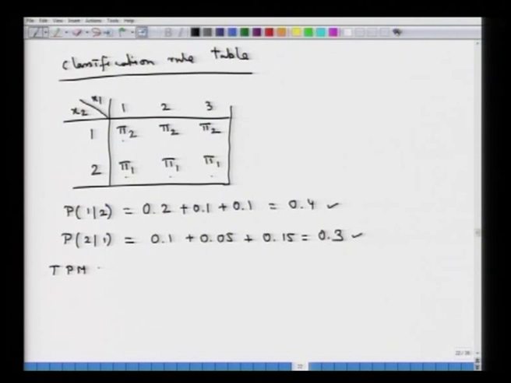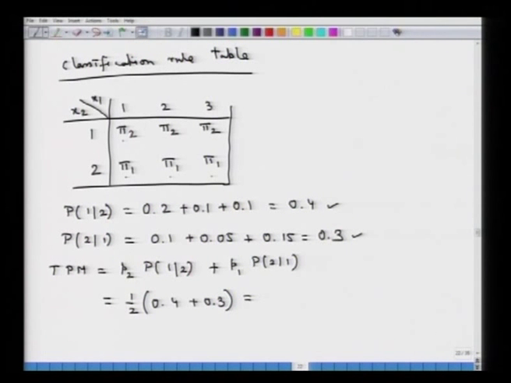Hence this minimum total probability of misclassification would be P2 times P1 given 2 plus P1 times P2 given 1. Now, we have P1 and P2 equal to half, so both of them are equal. So, this half goes outside, and what we have is P1 given 2 is 0.4 and this is 0.3. So, finally we have this particular quantity, whatever it comes to, so that this term would be given by this.